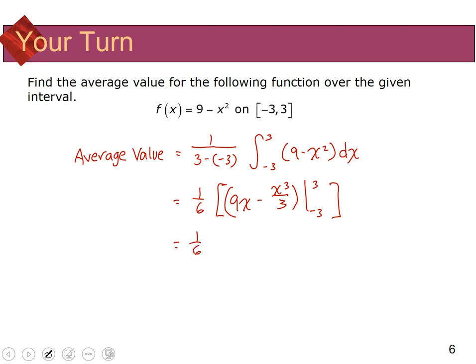Essentially I'm going to have 9 times 3, which is 27, minus 27 over 3, minus 9 times -3, which is -27, minus -27 over 3.